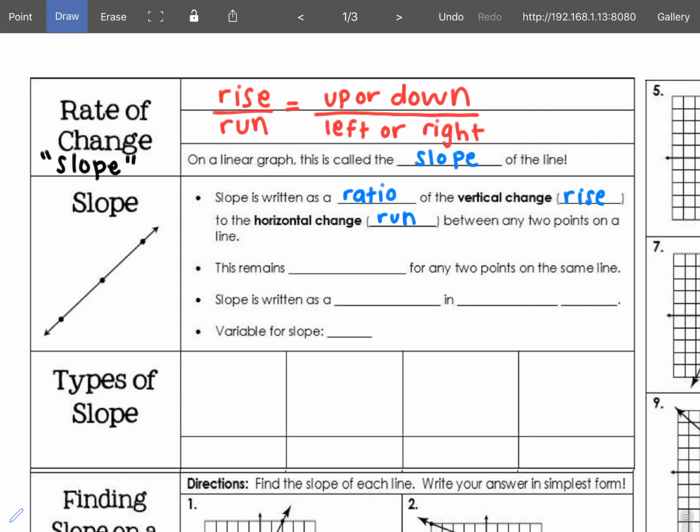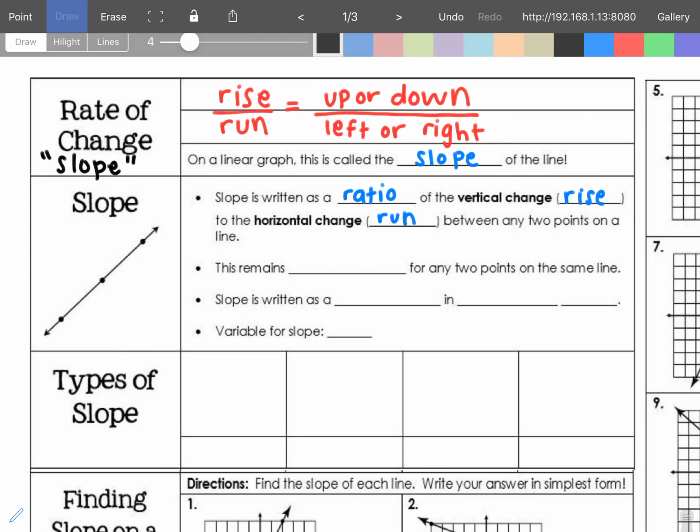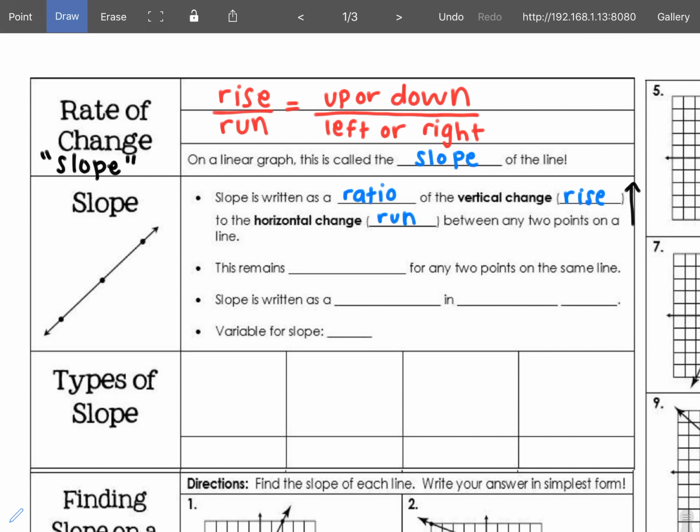Now, isn't vertical change up or down? Think about it this way. Which way is vertical? Vertical is up or down, isn't it? Isn't that line a vertical line? So a slope is written as the rise, which is the vertical change, up or down, to the horizontal change or the run, which is this way, left or right.